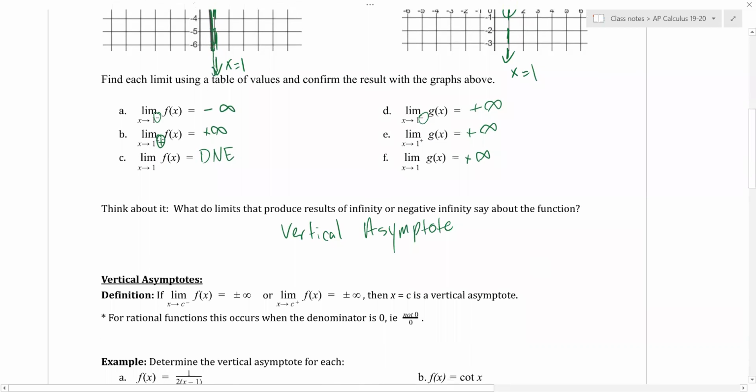The definition of a vertical asymptote is: if the limit as x approaches c, where c is some number, from the left of the function is positive or negative infinity, or from the right of the function is positive or negative infinity, then x equals c is a vertical asymptote. Now, how can we find where it's equal to positive or negative infinity?